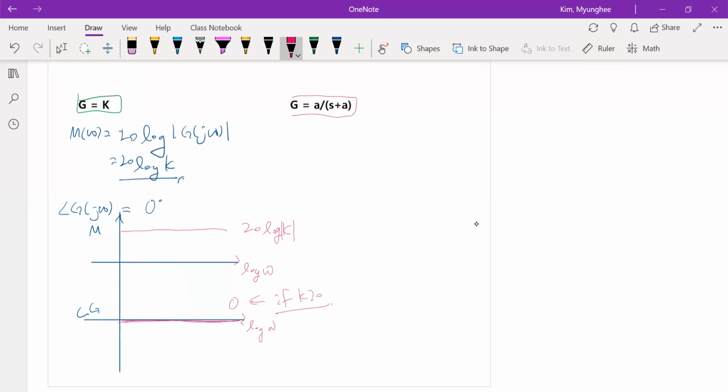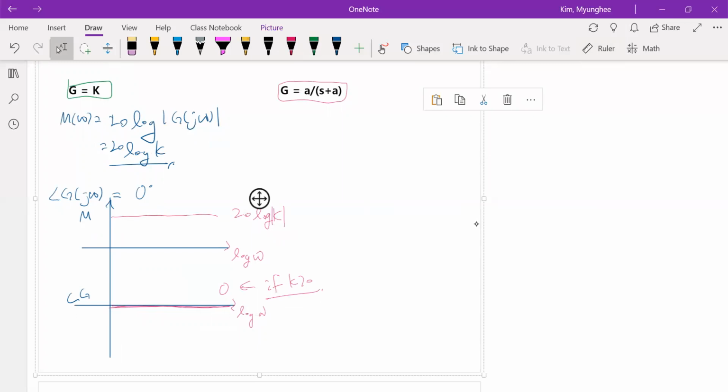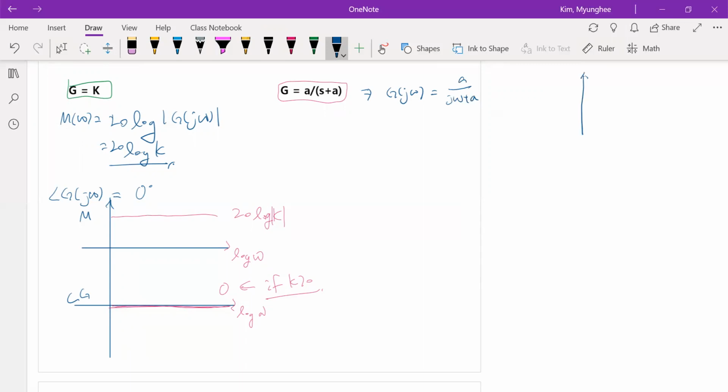What about something like a first order system? What do you think? We just looked at the first order system before, which was 1 over s. This can be written as G(j omega) equals a over (j omega plus a), and in the complex root plane, we are looking at something like there is a pole here, and then looking at the angle depending on all these angular frequencies.